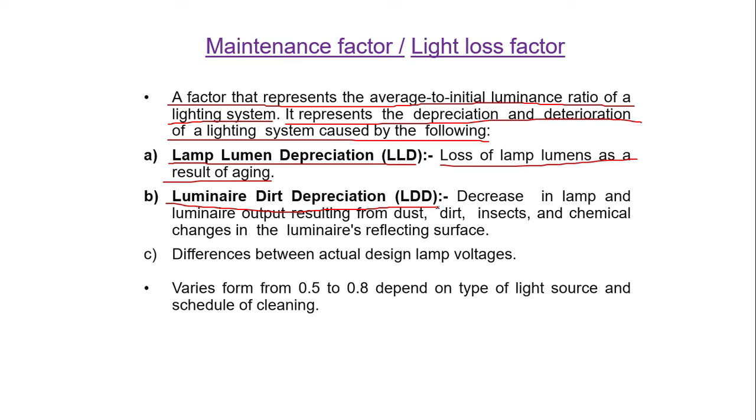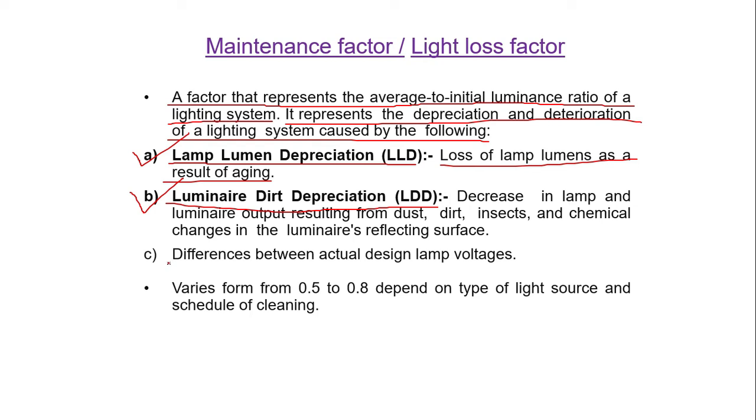So that is also one important point called the luminaire dirt depreciation. While point A is not in our hands, point B we can definitely address with a good maintenance schedule, so that the dust is not accumulated and from time to time it is removed from the lamp, so that proper output is delivered at the calculation surface.